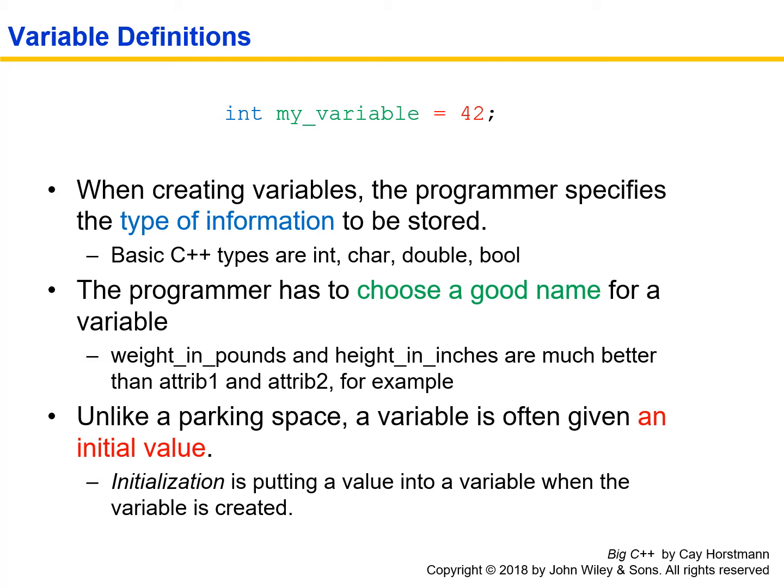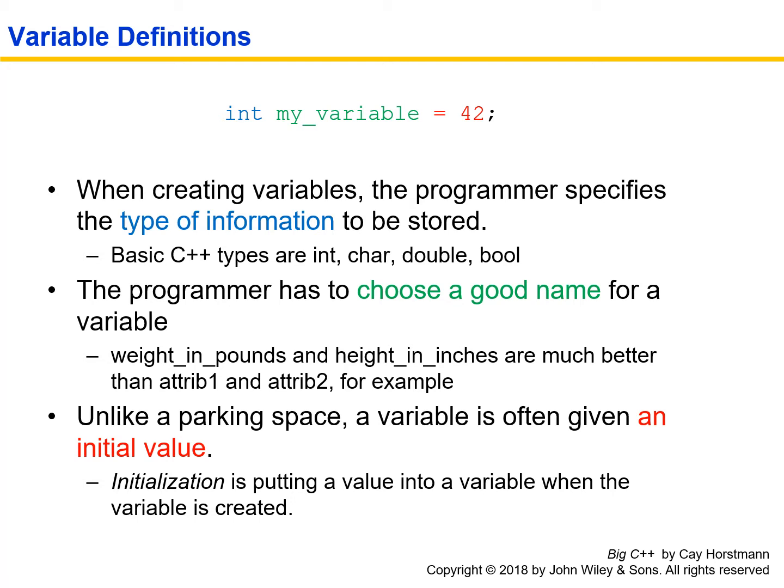Weight in pounds and height in inches are much better variable names because you can tell at least what the meaning of the number held in that variable is, as opposed to if you just said that a person had attribute 1 and attribute 2. Well, then that wouldn't tell us what each of those attributes means.